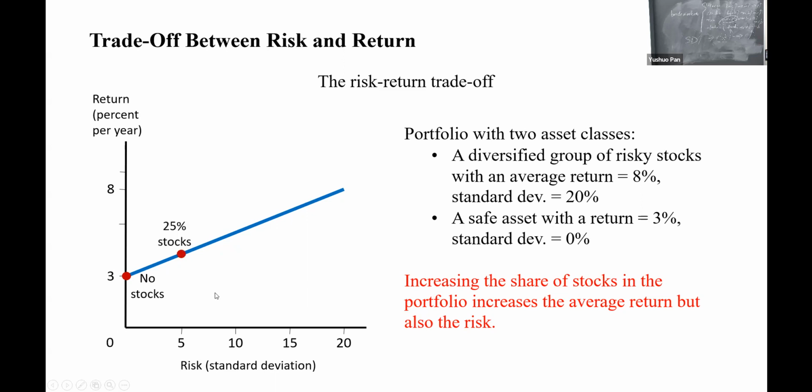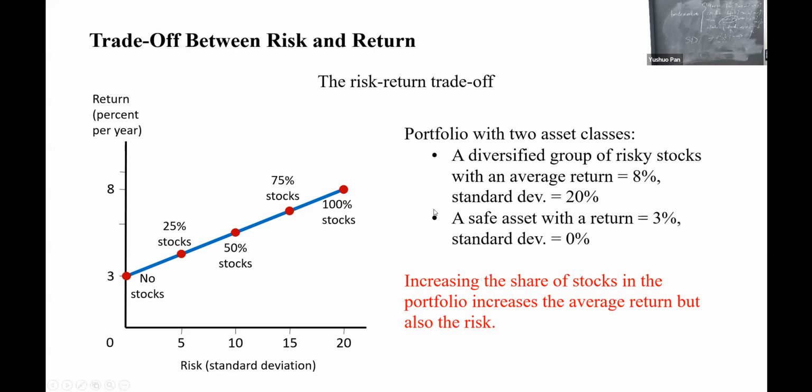With the percentage of stock you increase, your risk or standard deviation increases as well, but also your return increases following the higher risk. Higher percentage of stock, higher risk, and also higher return.